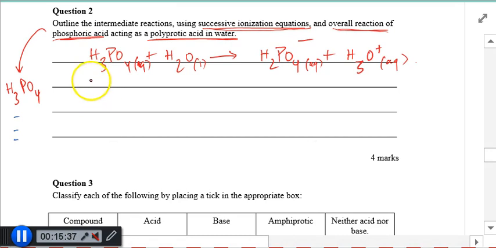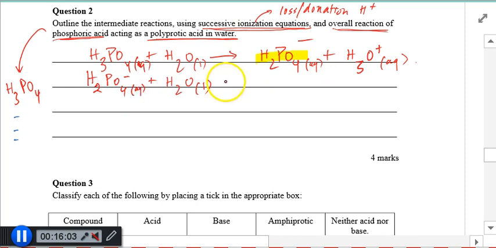And then this product here is amphiprotic, so while it's a conjugate base and can act as a base and go back to phosphoric acid, they want to show successive ionizations, which is successive donation of protons. So we're going to take that and make it go through another acid reaction, so act as an acid, and that becomes HPO4 2-, hydrogen phosphate.